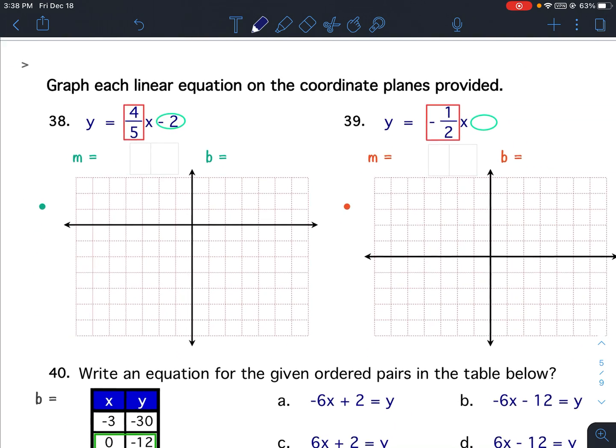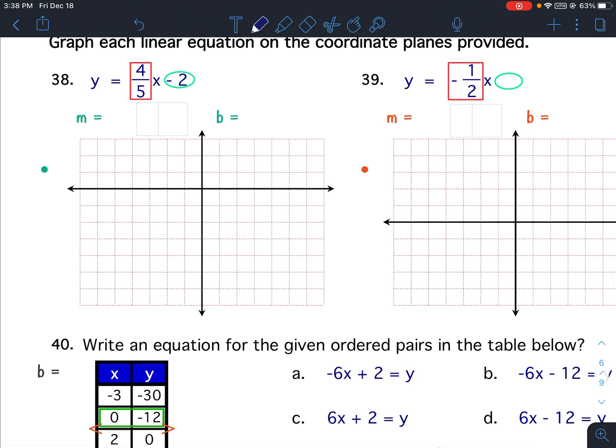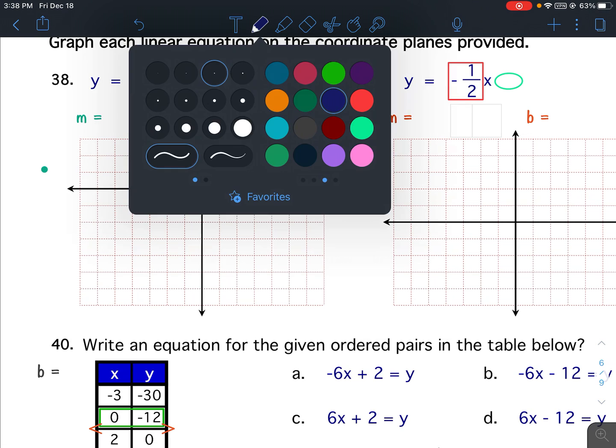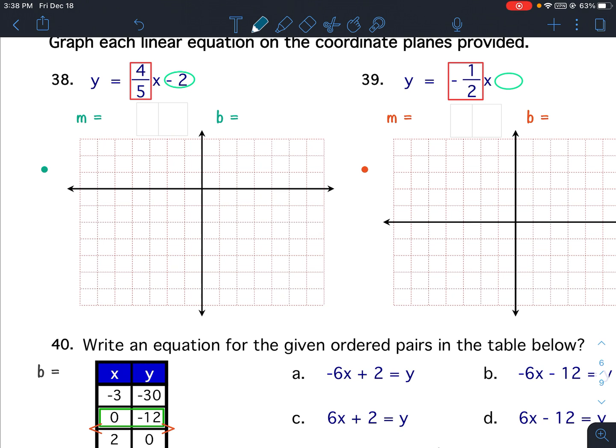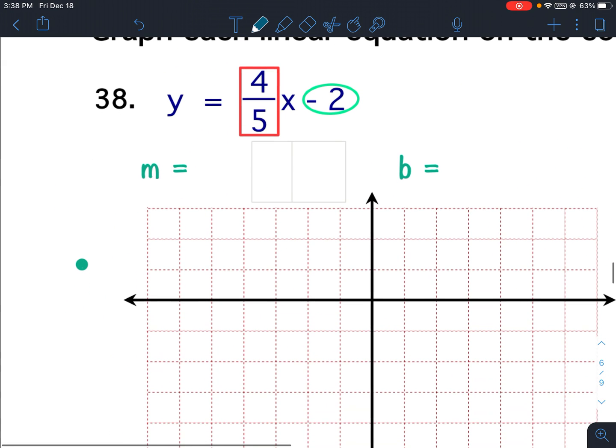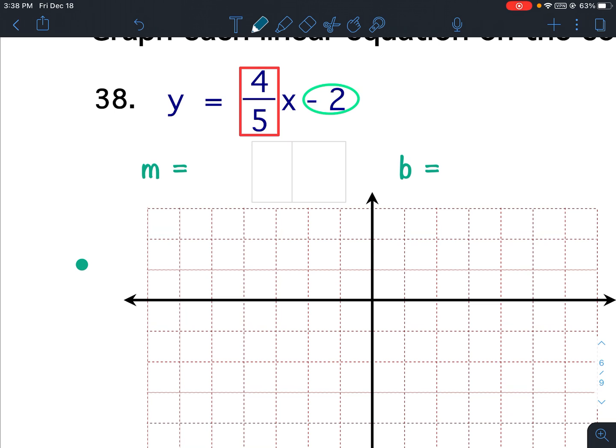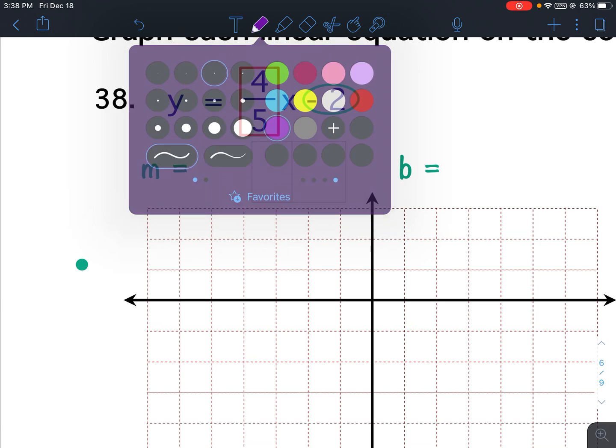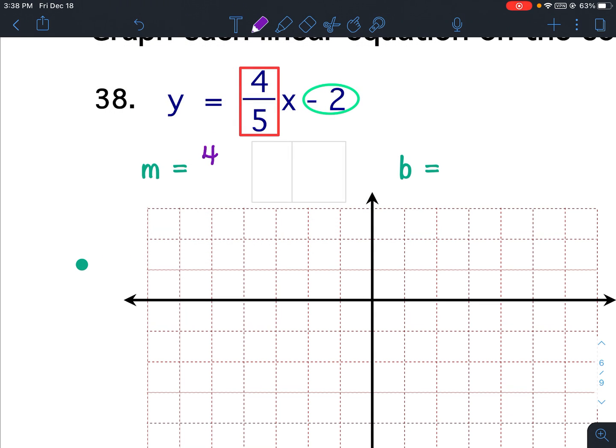All right, for number 38, the slope is the number in front of x. So my slope is 4/5. And my y-intercept is the number after x, which is -2.